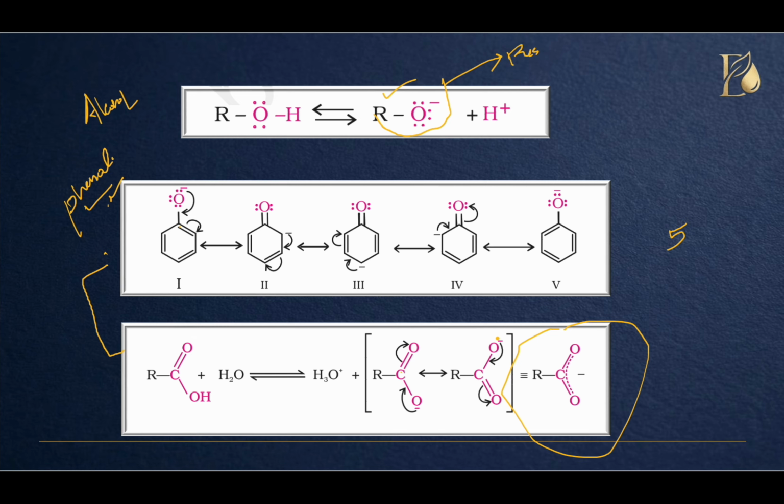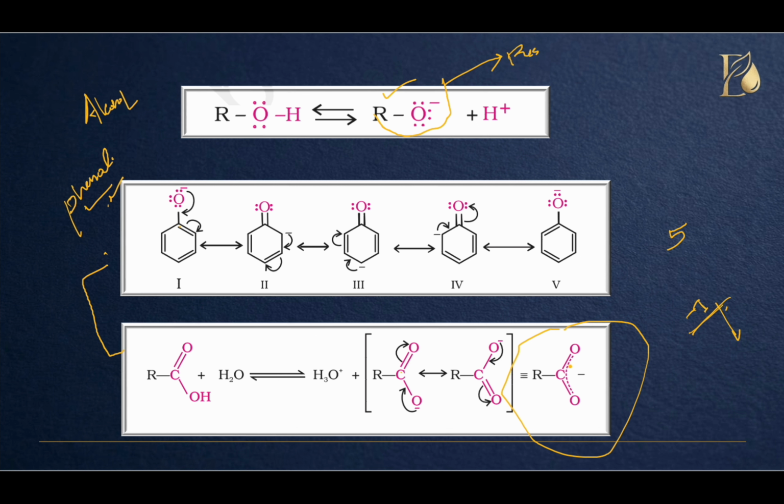One more point is that the oxygen atom is electronegative, right? So here the oxygen atom has a minus I effect. What is the benefit of this? Because of the minus I effect, it will withdraw electrons towards it. The oxygen atom will withdraw electron density towards it, making the OH bond more polar.